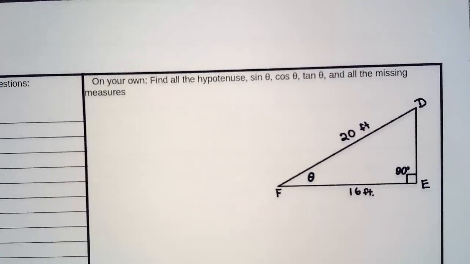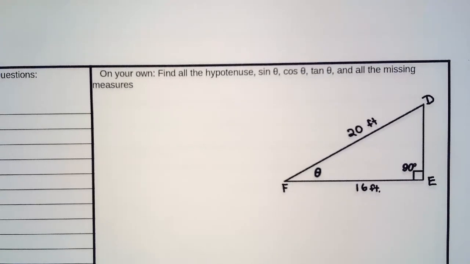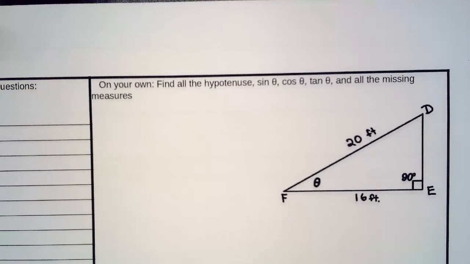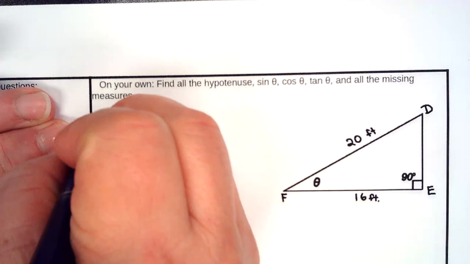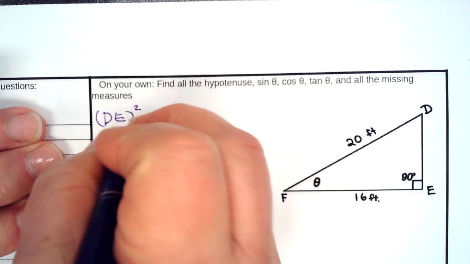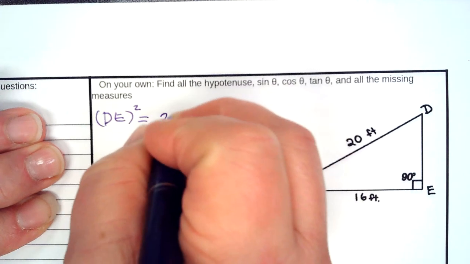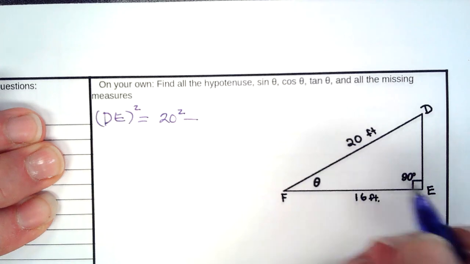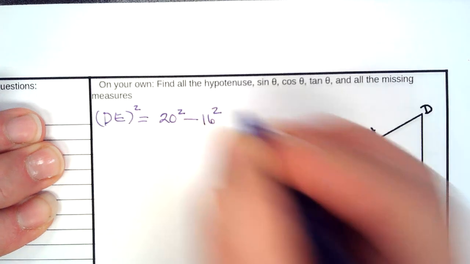So, if we're looking at this, what do we do first to find that missing side? We'll use Pythagorean's theorem. We know the hypotenuse. That means we have to subtract. DE squared is equal to 20 squared minus 16 squared.